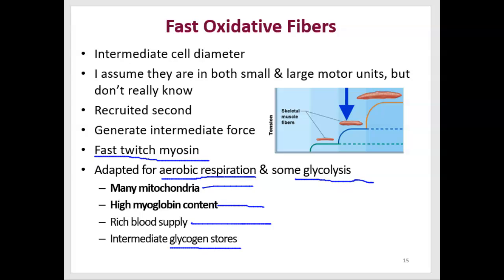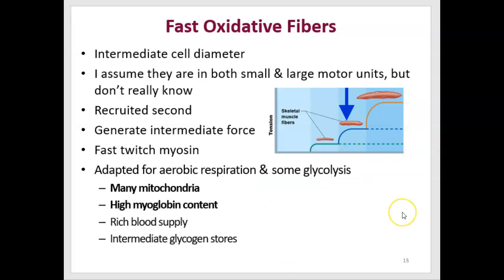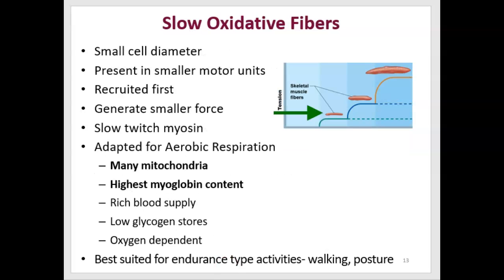So when we do our live lecture, we're going to summarize all of these and work on a worksheet so that it's not so confusing to you. But for now, just remember there's 3 types of fibers. There's slow oxidative fibers that are small, and they generally use aerobic respiration. There are fast glycolytic fibers.